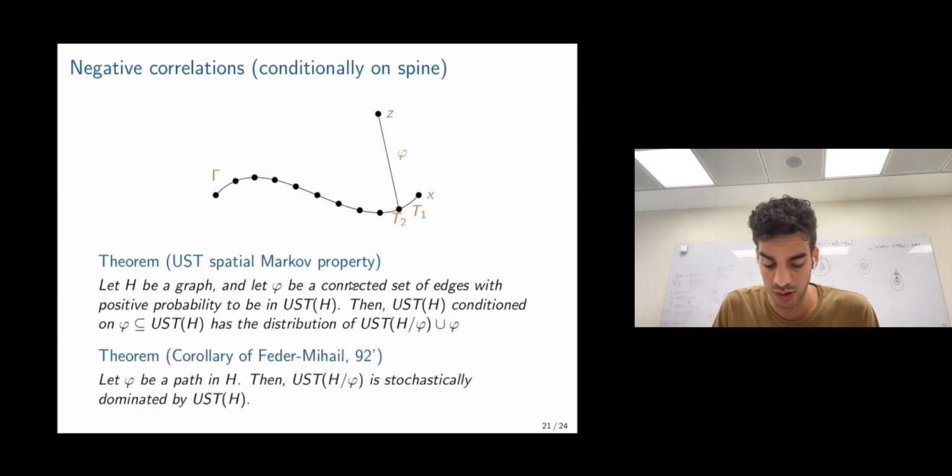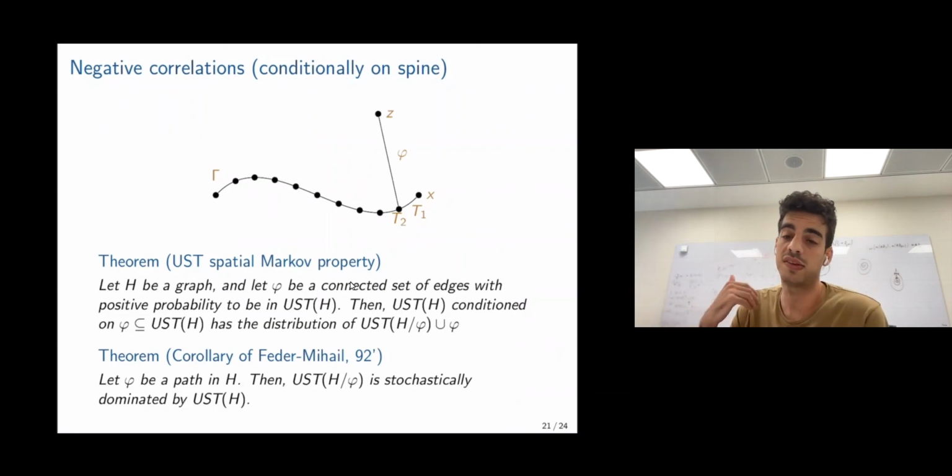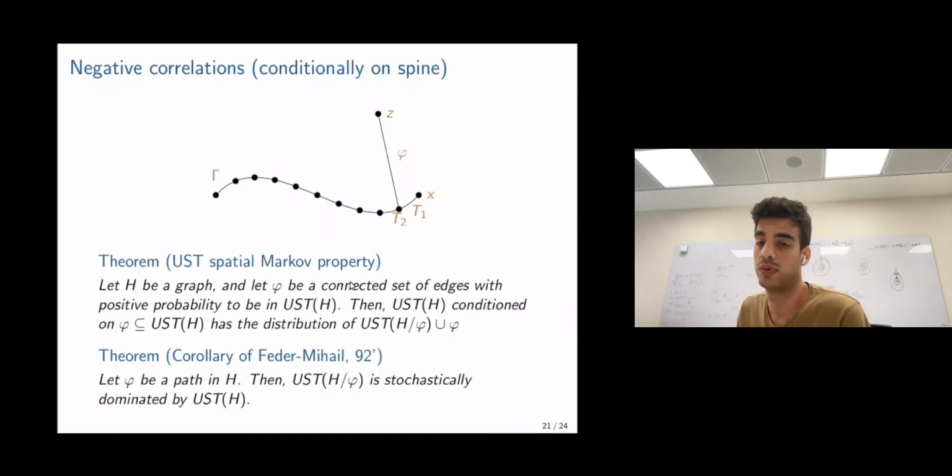And the second ingredient we'll need is a corollary of Feder and Mihail from 1992, which says the following. If you contract this phi into a single vertex, so you have a new graph H mod phi, the UST on this graph is stochastically dominated by the UST of the original graph. Now, what does this stochastic domination imply?